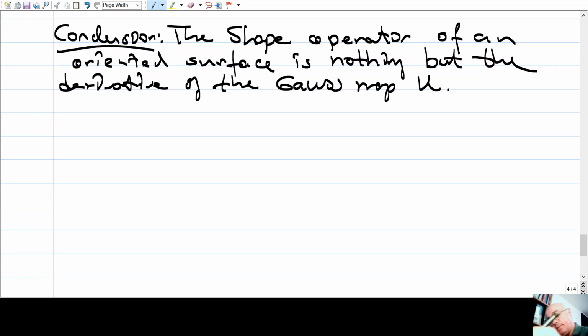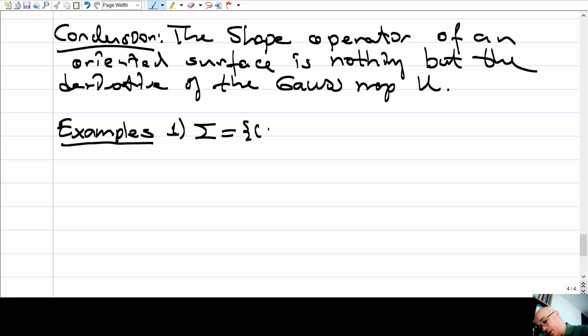Let me do some examples. Let sigma be the sphere in R3, centered at the origin and with radius r.